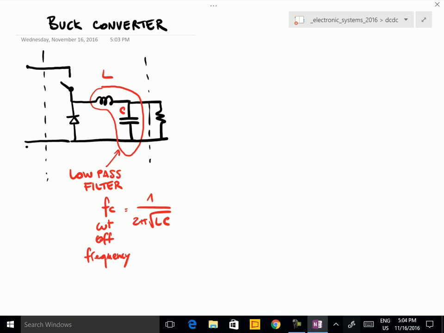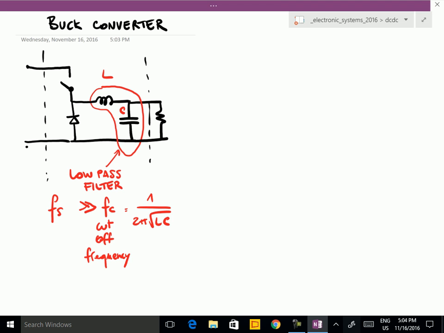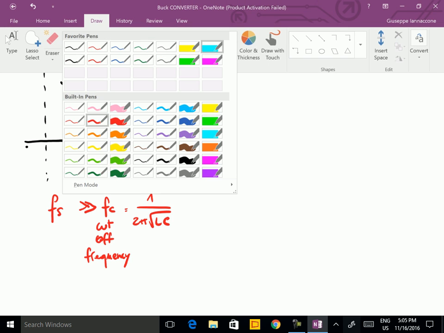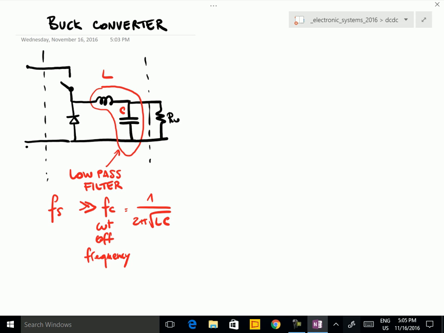This is L and this is C. And if you want to use it as a low-pass filter, this frequency must be much smaller than the switching frequency, so that you cut the switching frequency and all the other harmonics on the output, and you only have the constant voltage. This is I out, this is VO, and this is V in.